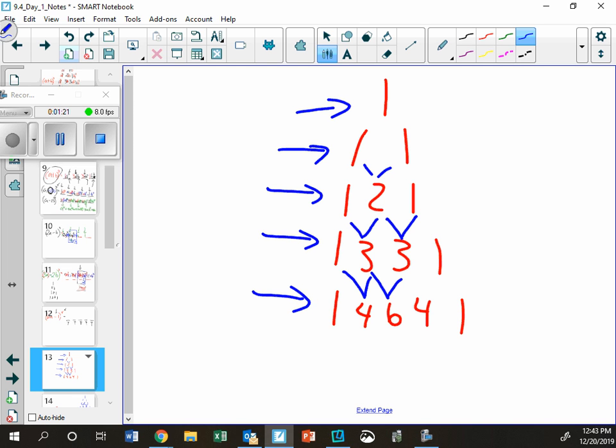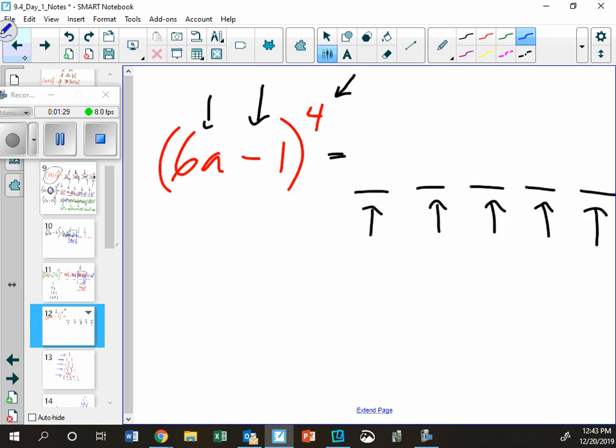So if I have one that's got 1, 2, 3, 4, 5 terms, I'm going to use the 1, 4, 6, 4, 1. So I'm going back here: 1, 4, 6, 4, 1. Next, to do a binomial expansion, you take this 6a and you put it to the fourth.